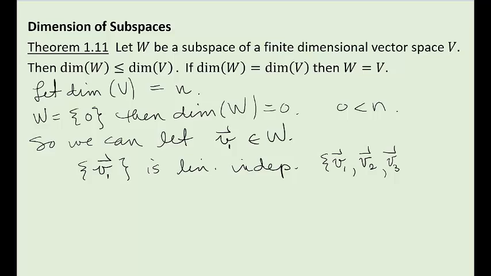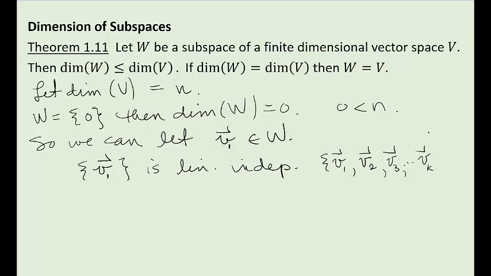Now granted, in reality that may be very hard to tell, but we know that either v3 can be written as a linear combination or it can't. So you can always keep picking one that is linearly independent until you have to stop. So let's say we go up to the kth vector, and then if we add in any more v sub k plus 1, then it is linearly dependent.